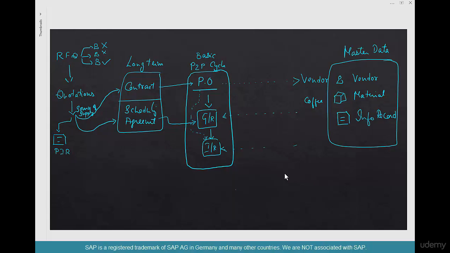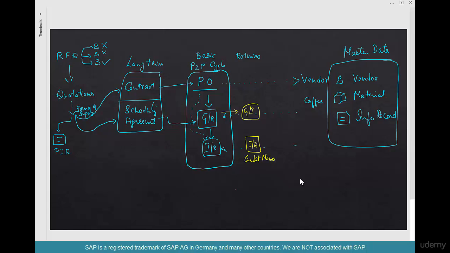Now we also know what happens to the basic P2P cycle after we have completed the process. Now there could be returns whereby we return the goods to the vendor using a goods issue, and we create a credit memo, right?